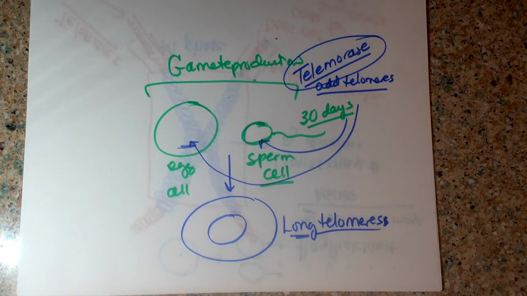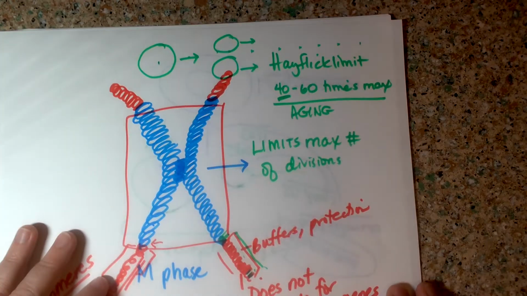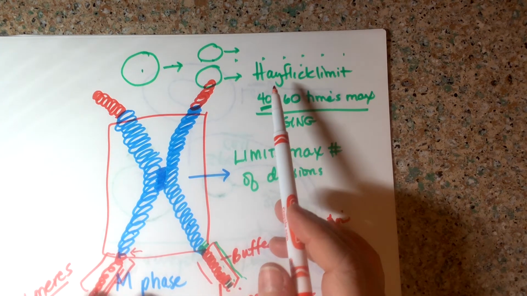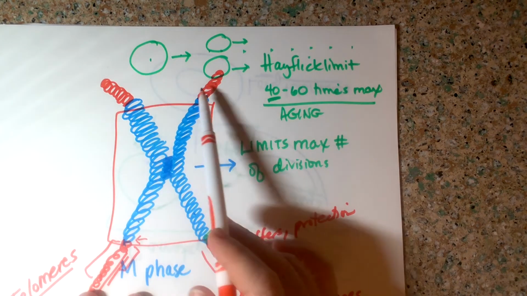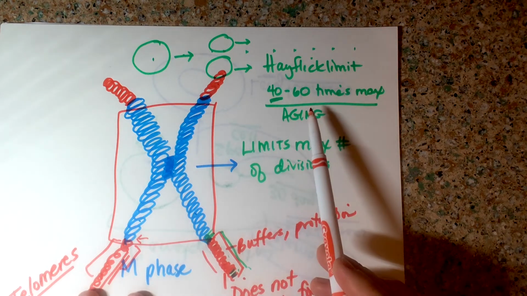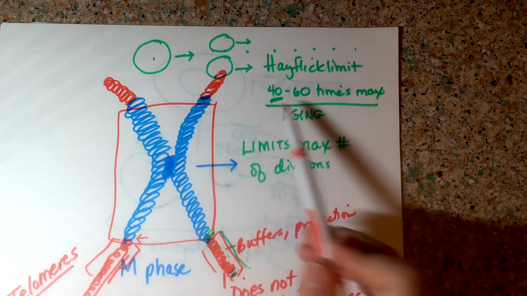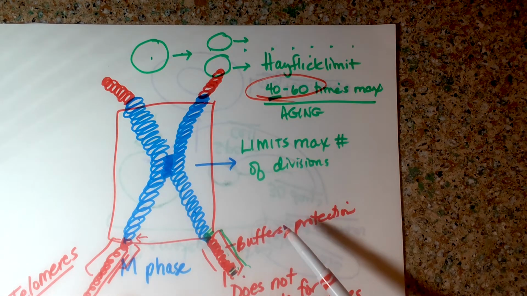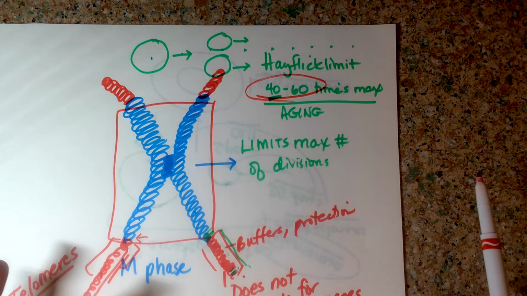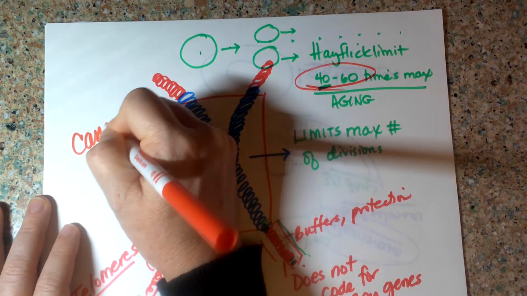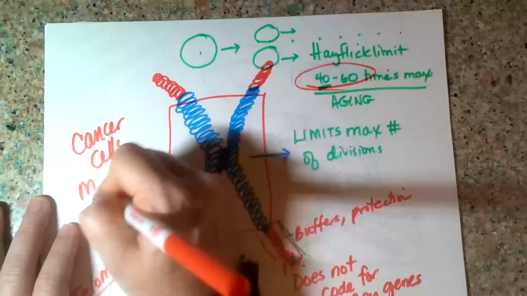Now, the catch is, if you flip back over here to our Hayflick limit, this is important because tumors and cancer, which is what this video is about, are literally just huge masses of cells that have divided and divided and divided. So wouldn't it make sense that after 40 or 60 divisions, the cancer cells should die? Well, that's because cancer cells make their own telomerase.